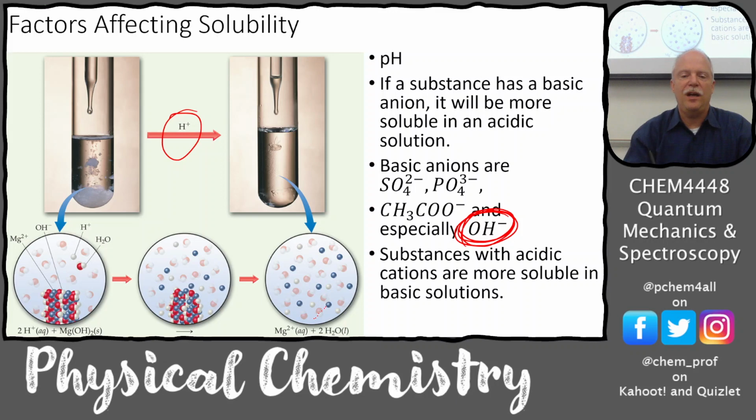And so then you come over here and you just have magnesium ion and water, because we added enough acid to get rid of the hydroxide, and so the magnesium hydroxide can't precipitate because the hydroxide's gone. So that's very pH sensitive. You put magnesium hydroxide into acid, it'll dissolve. And likewise, if you put it into base, it will crash out. And so if you put it in high pH, you can precipitate out magnesium.